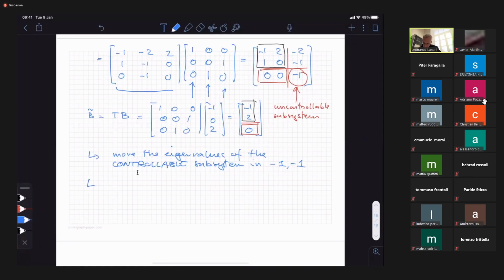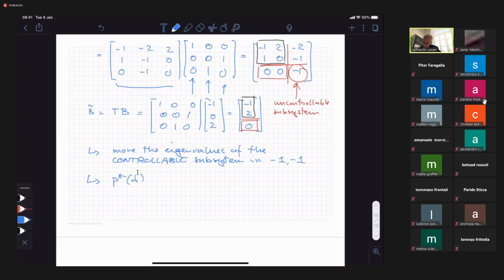And so how would we do this? Well, we would have a P star of dimension 2, just let's call it P star, equal to lambda plus 1 squared, so lambda squared plus 2 lambda plus 1.